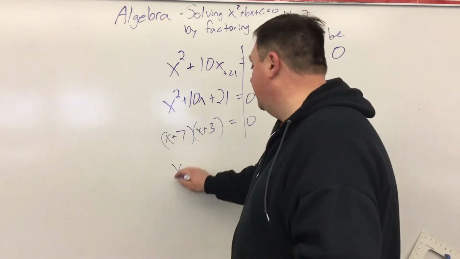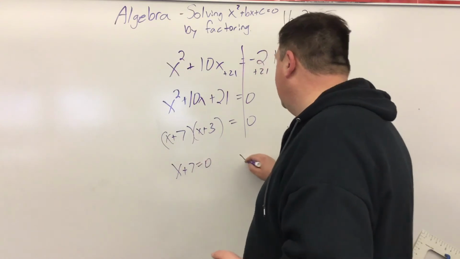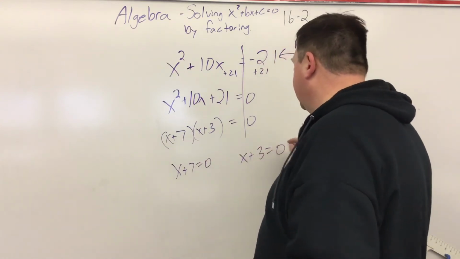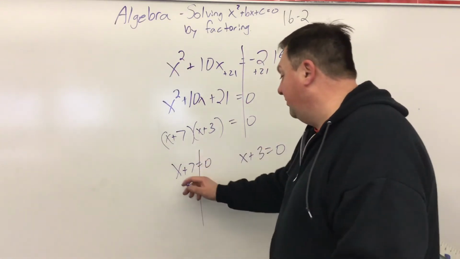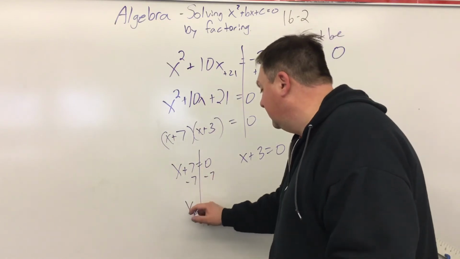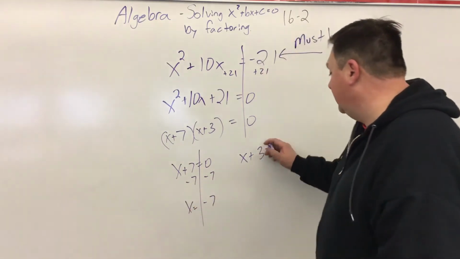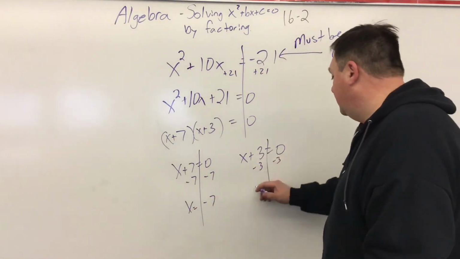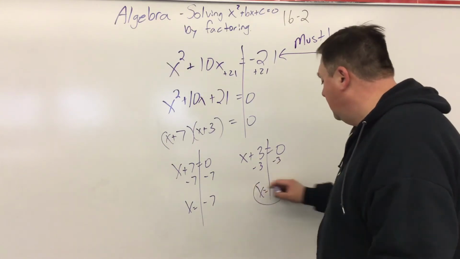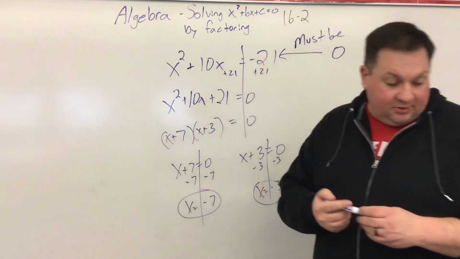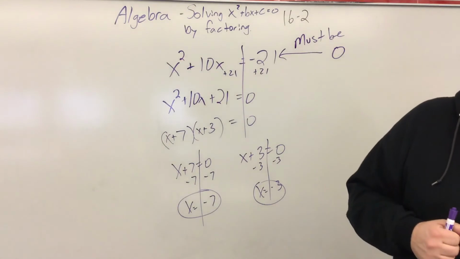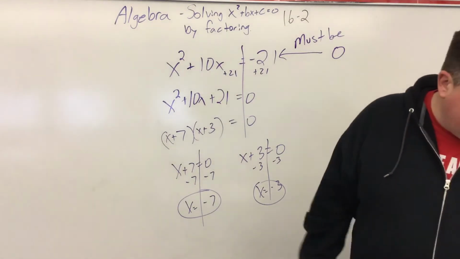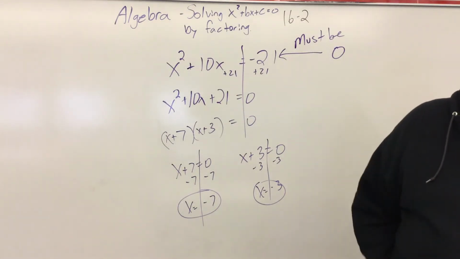We're going to break it down to x plus 7 equals 0, x plus 3 equals 0. We're going to solve this, minus 7, x equals negative 7, minus 3, x equals negative 3. So those are your two zeros there. That was example 2 on page 573.